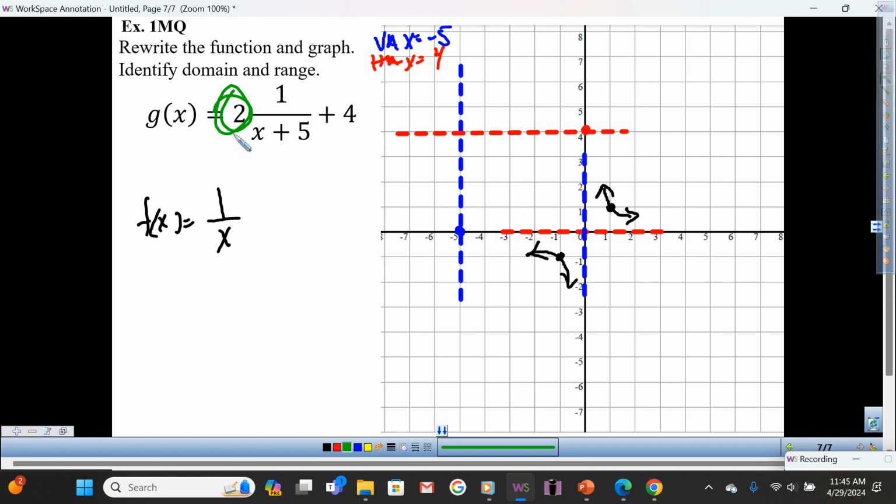Well, guess what? What did that 2 do to all the other functions? Tell your neighbor. What does that 2 do to any function? Anthony E, what does that 2 do to any function?